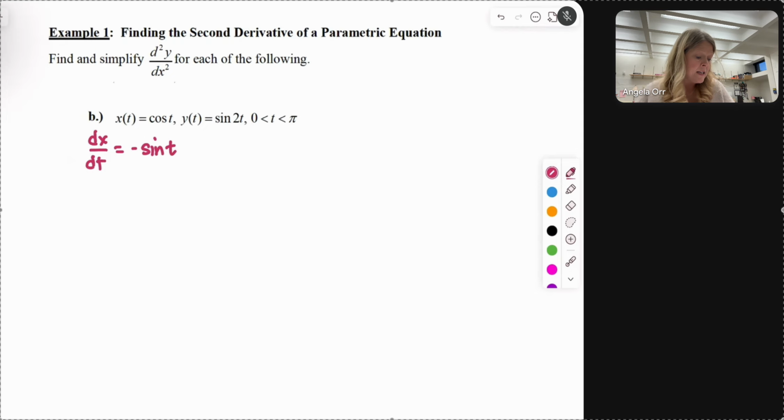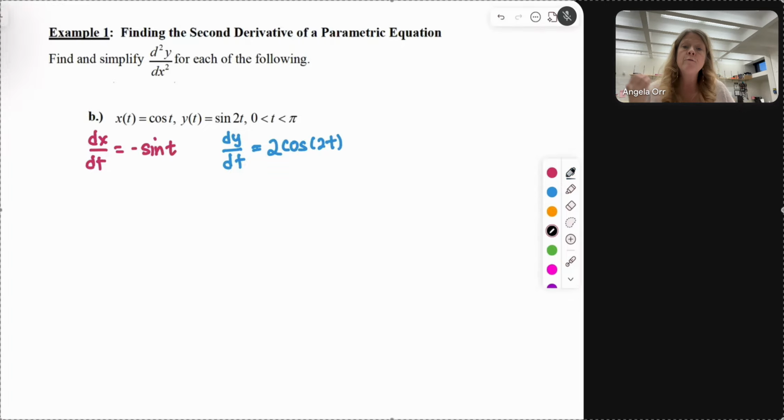And then I'm going to find dy dt. The derivative of sine is cosine of 2t, but then I have the chain rule that I need to apply because I have a function inside of another function. So I need to multiply by a factor of 2.